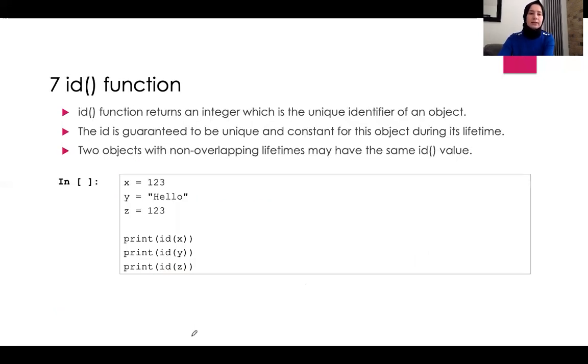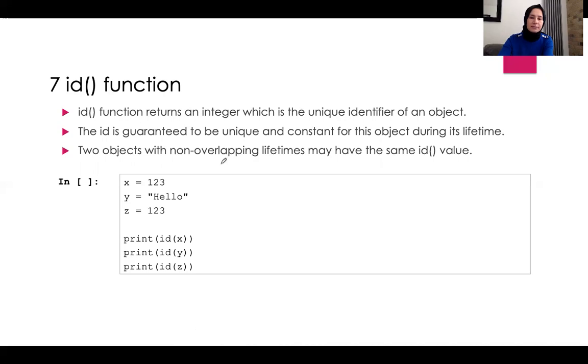Another function is ID, and ID basically returns an integer which is a unique identifier of an object. In Python, every object has a unique identifier, and to learn about the identifier of an object, we use the ID function. ID is guaranteed to be unique and constant for this object during its lifetime.